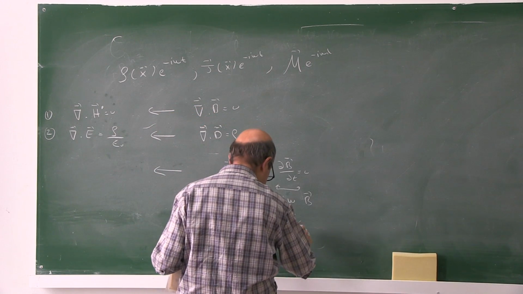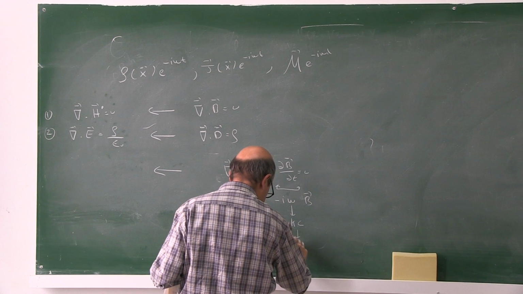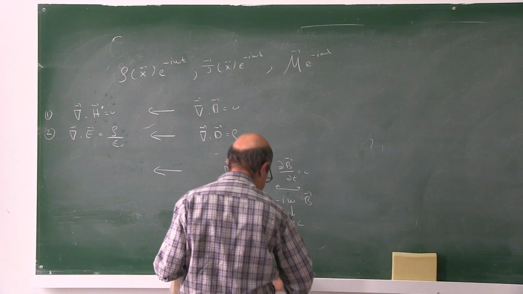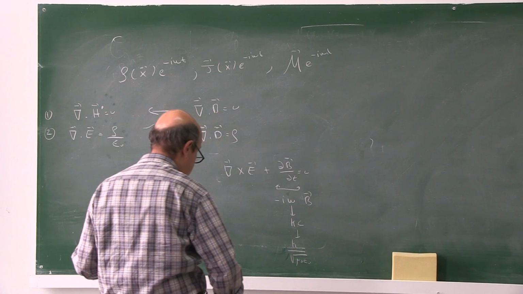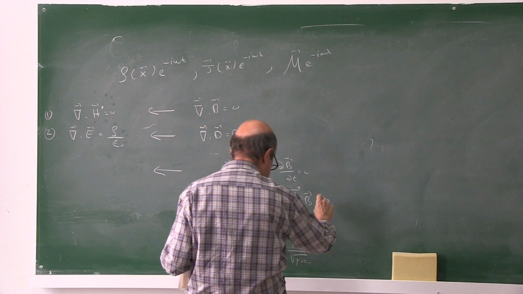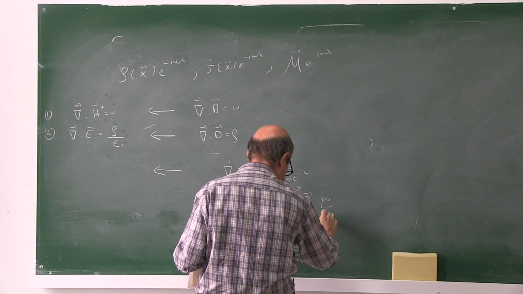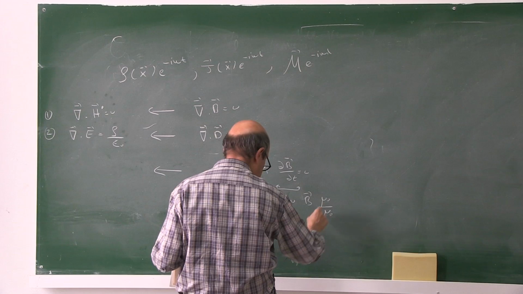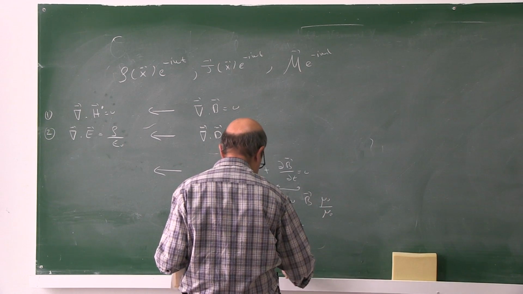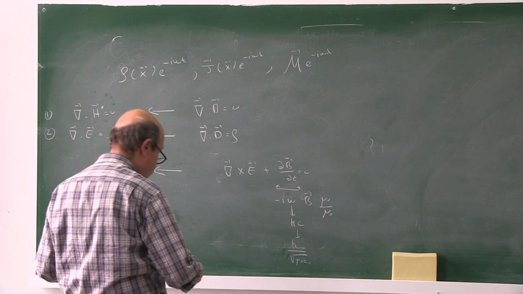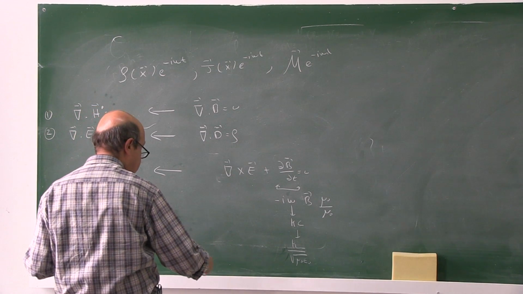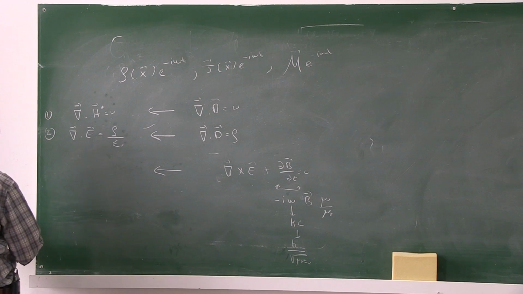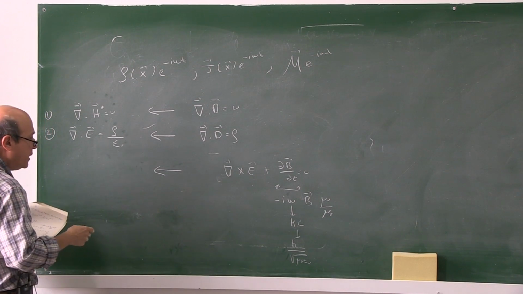And c is 1 over square root of mu 0 epsilon 0. Multiply and divide by mu 0, so this becomes H, and one of the mu 0 goes up, because mu 0 over square root of mu 0 epsilon 0 makes the square root of mu 0 over epsilon 0. Basically, this should be minus ik times the impedance of free space.